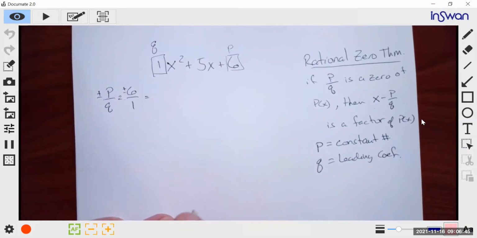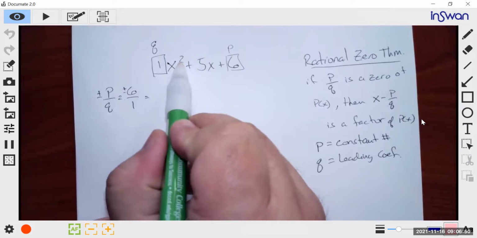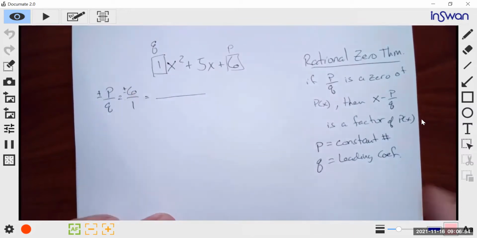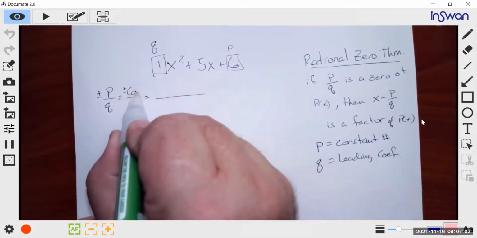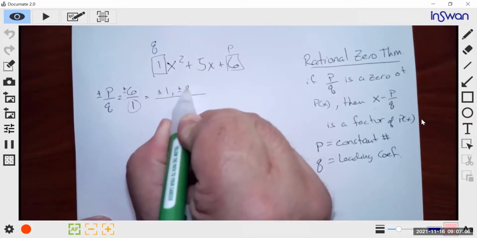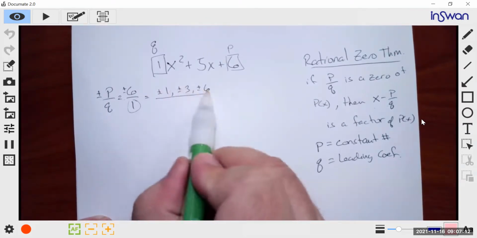But one more thing, it's not always just one number. We're supposed to have 2 numbers. So what we do, what are the factors of 6? What are the factors of the top and the factors of the bottom? 1, 3, and 6. Of course, 1 times 6 is 6.